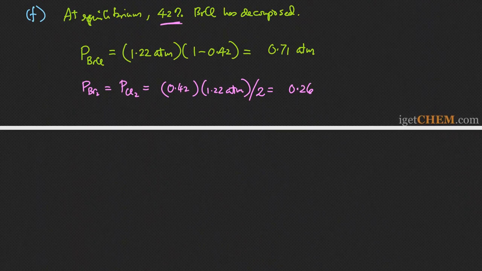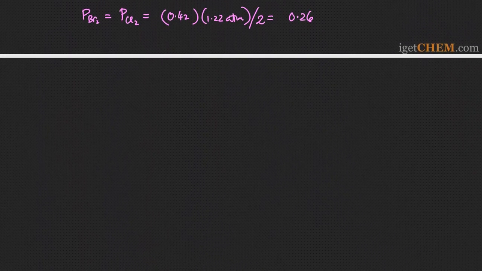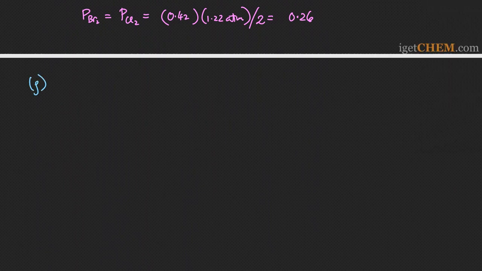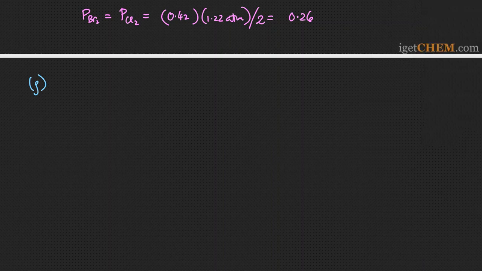Finally, part G is asking you to calculate the bond energy of BrCl. But before I start the problem, again, let me write down some of the data that is given. The problem gives you the bond energy of these 3 bonds, a Br-Br, a Cl-Cl, and a BrCl.